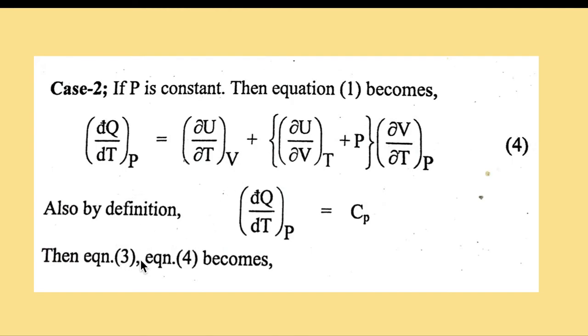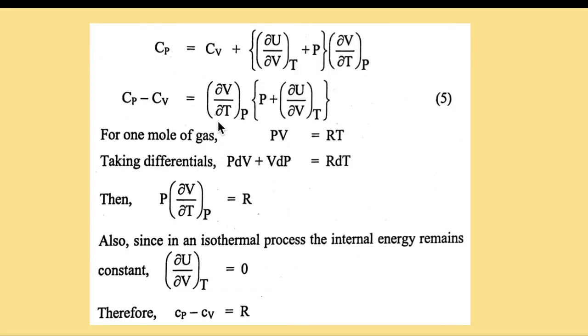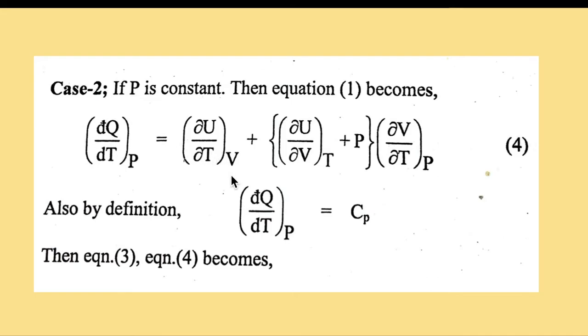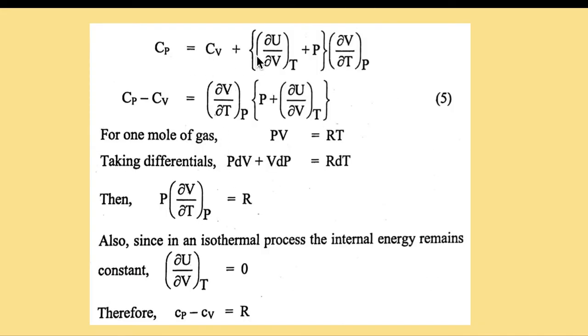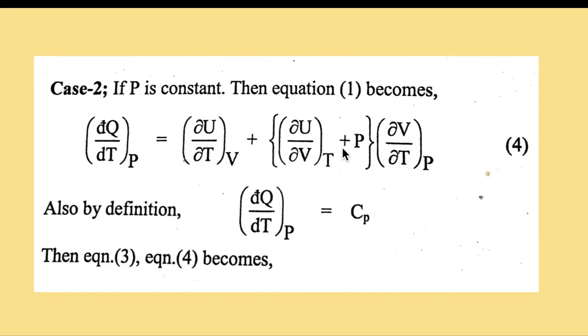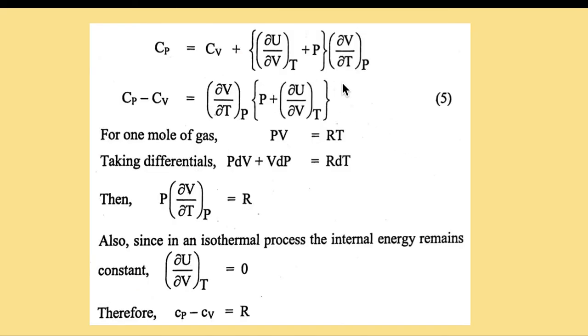So Cp equals Cv plus du by dV at a constant temperature plus P into dV by dt at a constant pressure. And again, you can now change this Cp and Cv to this side. So Cp minus Cv you are getting as dV by dt at a constant pressure into P plus du by dV at a constant temperature.